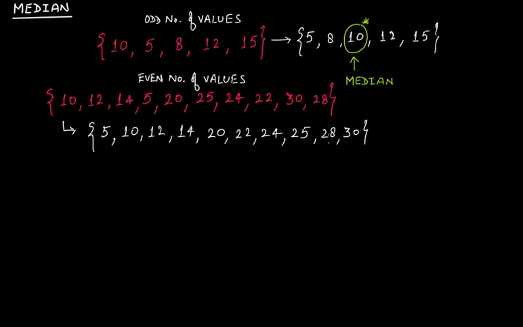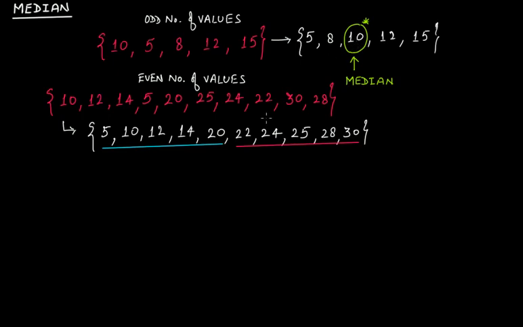Now, in this data set, there are 10 values, 5 here and then 5 here. When we had odd number of values in a data set, we could easily find the median by finding the middle value.